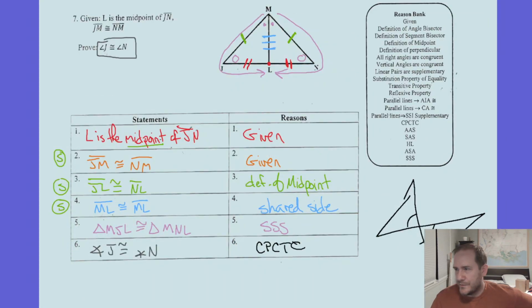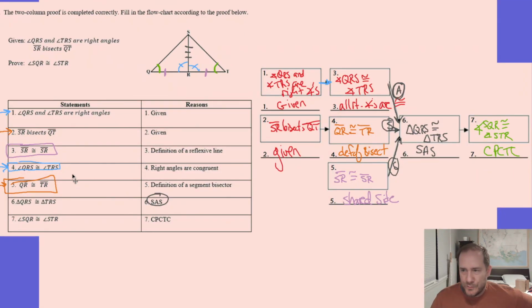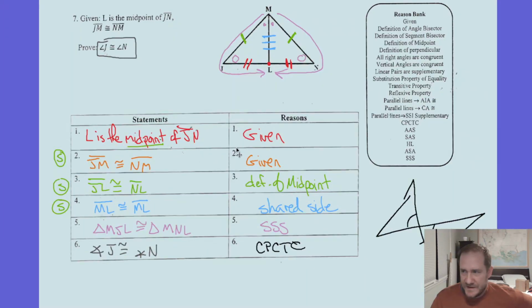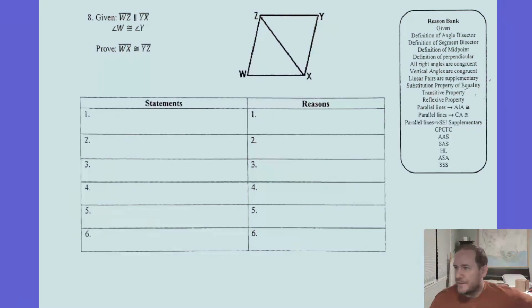You'll have another proof where the whole proof is done, but you have to rewrite it as a flowchart proof. And then lastly, there'll be definitely at least one proof where you have to do the whole proof. You've got the givens and what to prove, but you don't have anything else. You have to come up with every statement and every reason all by yourself. But that's it. Is there anything left? No, that's the whole packet.